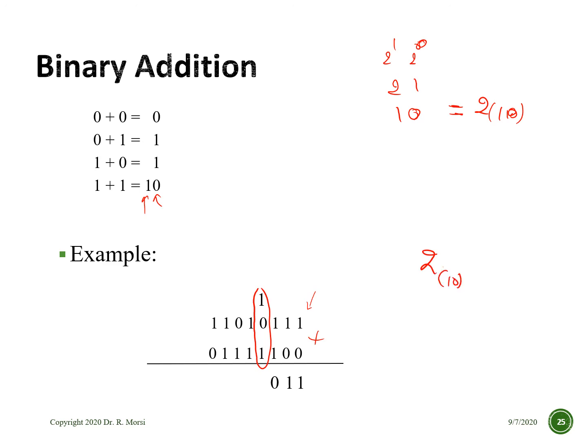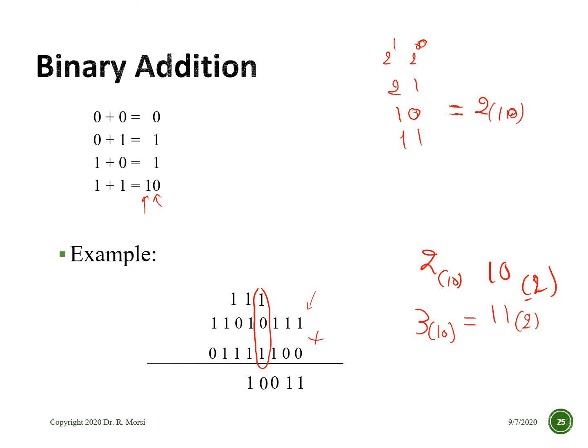2 in decimal is a 1 0 in binary. So it's a 0 carry 1. Now I have a 1 plus 1 plus 1, which is a 3 in decimal, which is equal to a 1 1 in binary, because that's what it is up here with the powers of 2.